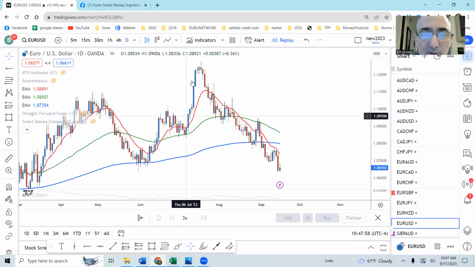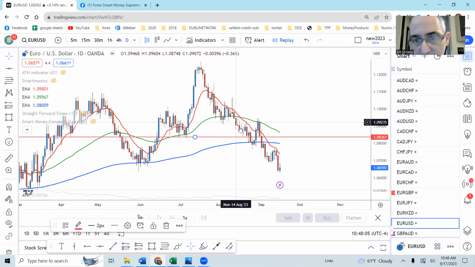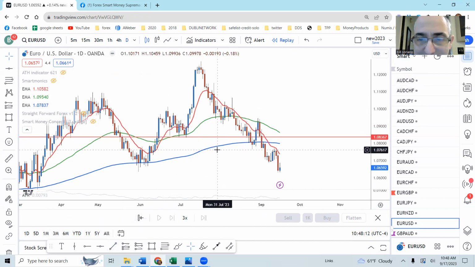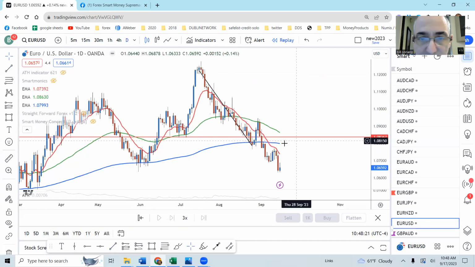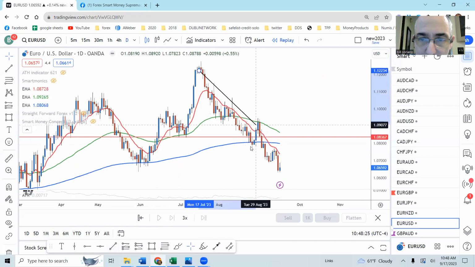Okay, so right here, basically you get a break of structure to the downside, and then you get a pullback. And then you get a second break of structure. See how price comes down here, right? It breaks that structure there. Then it pulls back up.